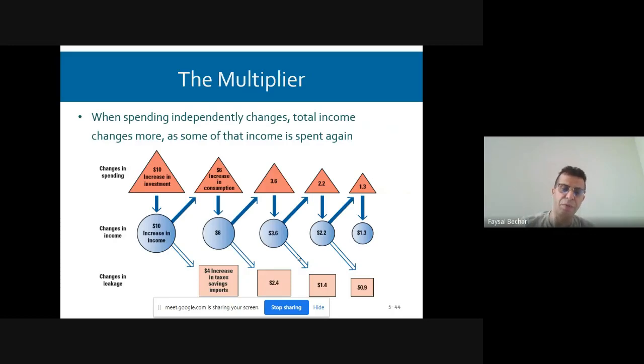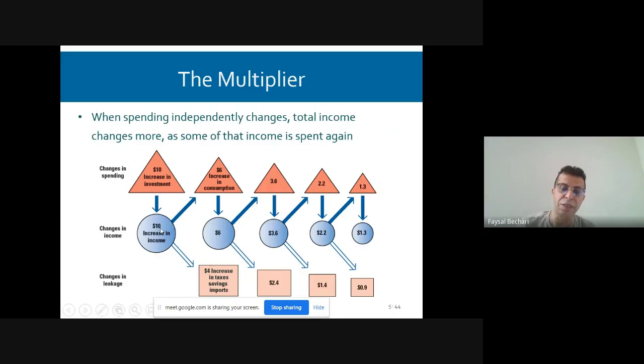For example, if we have a $10 increase in investment, somebody from foreign countries or the government invested $10 in the country. Now, of this $10, if 40% goes to saving, that is $4 that goes to taxes, saving, and imports. That goes out, like out of the economy.